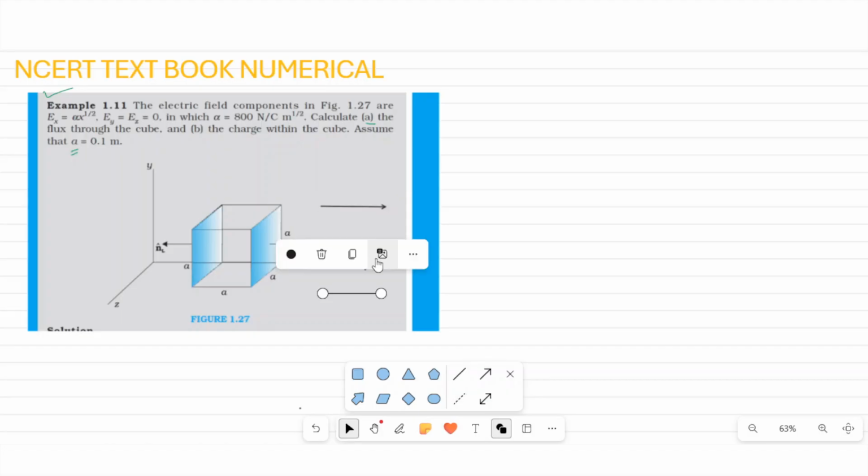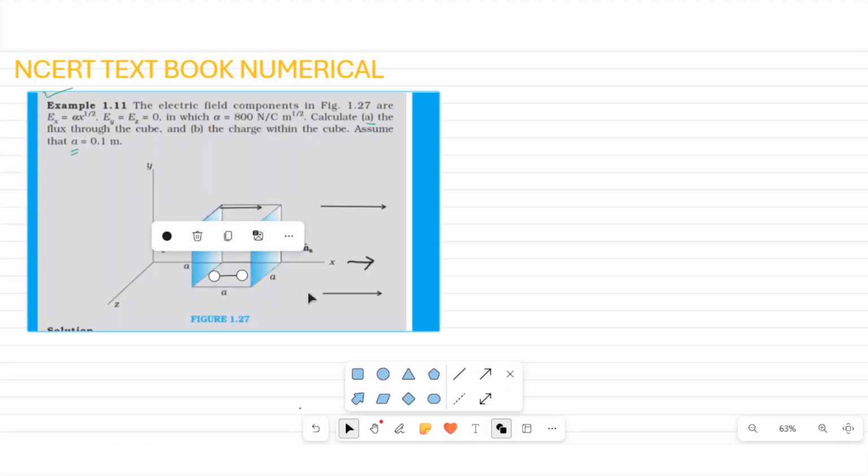This is the direction of the electric field. Now this electric field is parallel to this surface, also parallel to the bottom surface, also parallel to this shaded surface, and also parallel to this front surface.